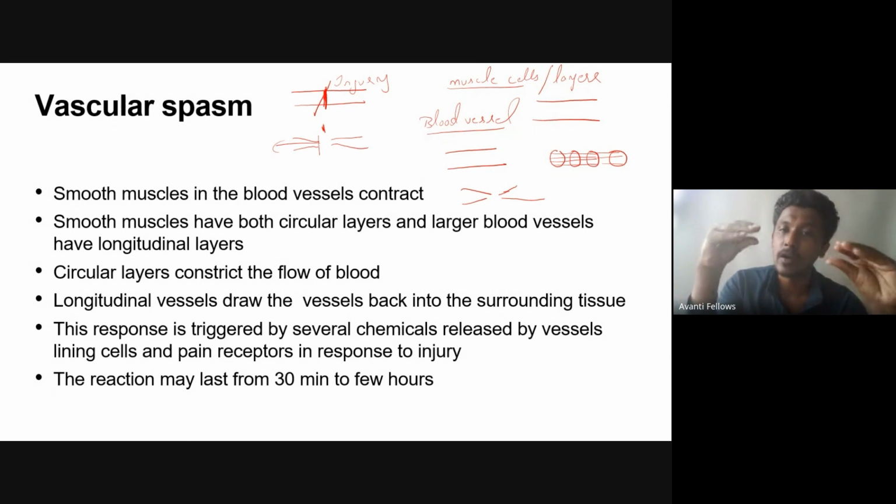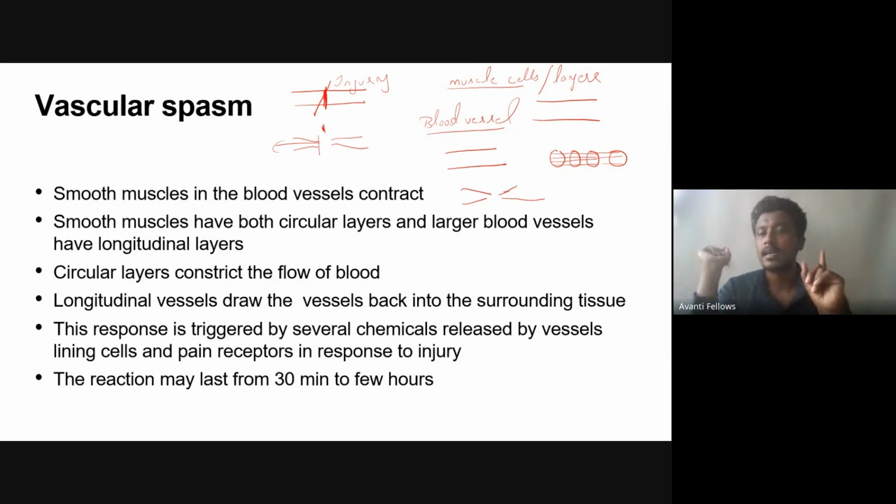That is because of the layers of muscle cells present in your blood vessels, which are circular muscles and longitudinal muscles. So that is the first step that happens in your body, called vascular spasm. Vascular means vessels. Spasm means blocking the vessels and moving them away from your injury site.